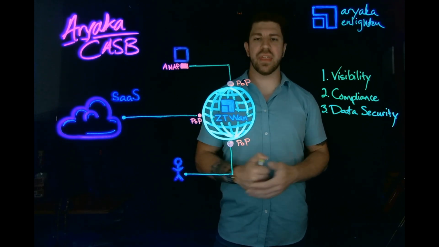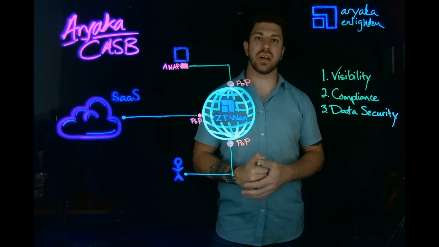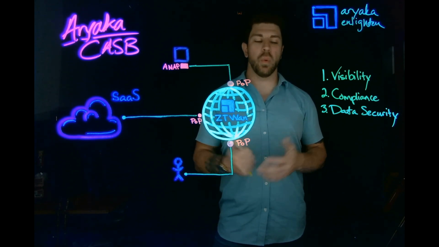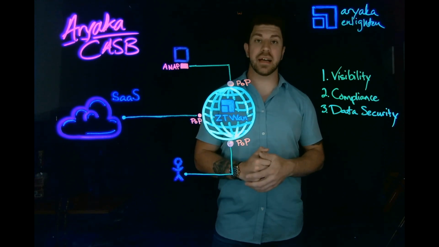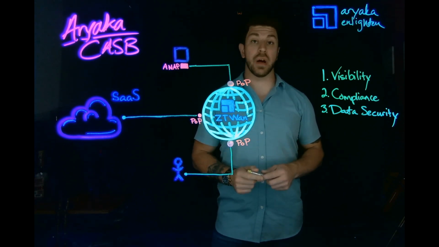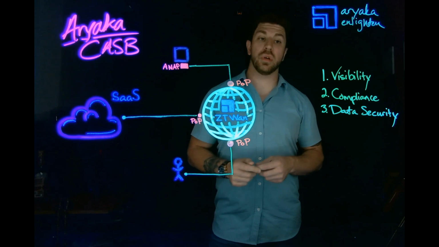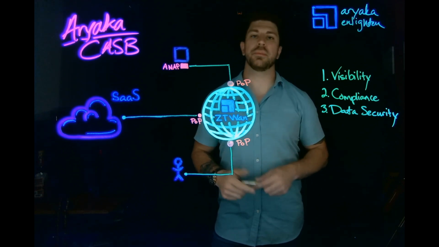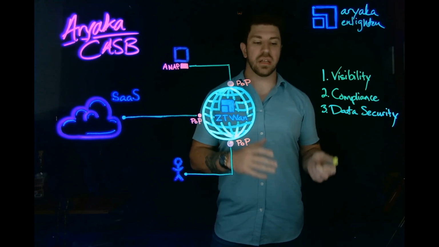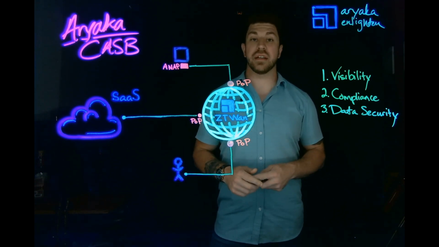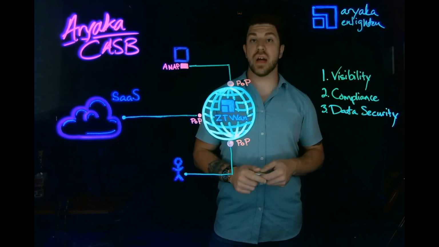They don't have that deep packet inspection necessary to really understand what is coming in and out of your network and what your employees might be accessing. There are certain applications you might want them to use, and there are others you would not want them to use. CASBs provide that visibility in order to see what is coming in and out of your network as it relates to SaaS application traffic.